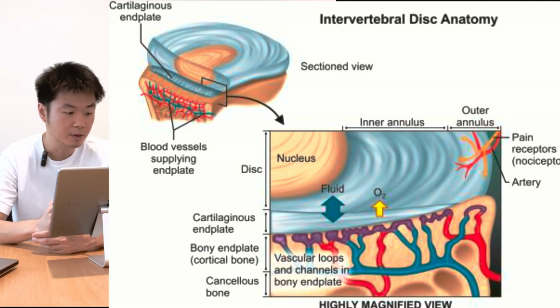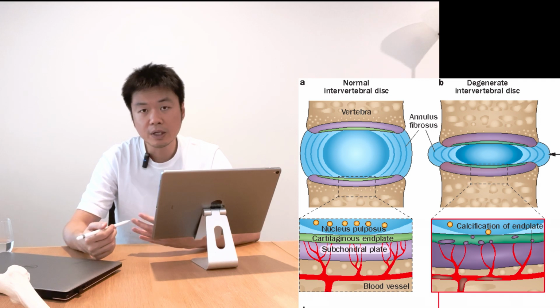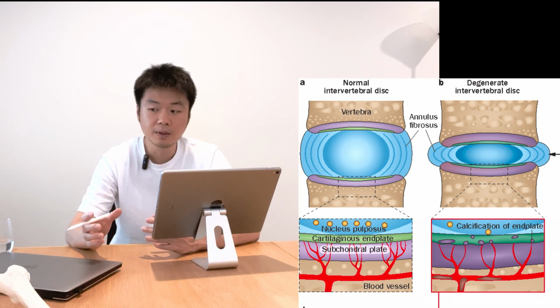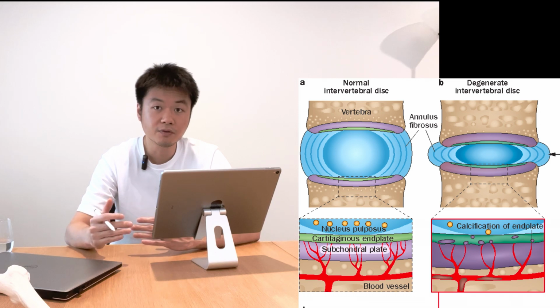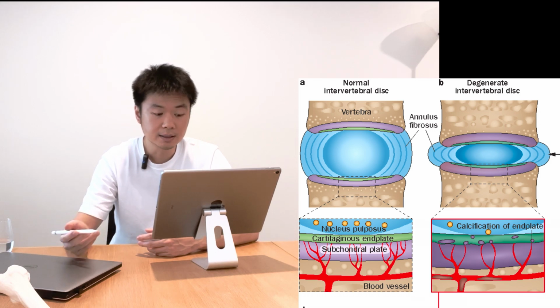So from this picture you can see there are blood vessels supplying the end plate, and from the end plate, nutrition like oxygen and fluid then flows into the disc. However, as we age, the end plate starts to calcify, meaning the holes start to fill up, and there will be a lack of nutrients being supplied to the disc.